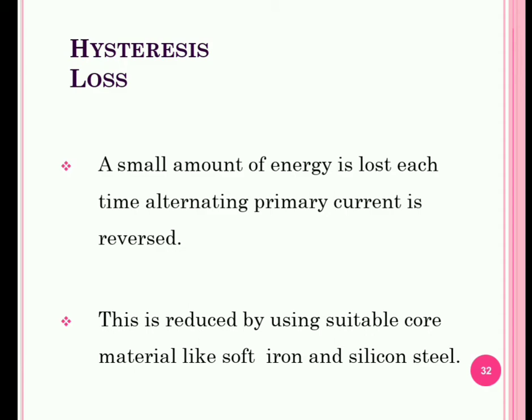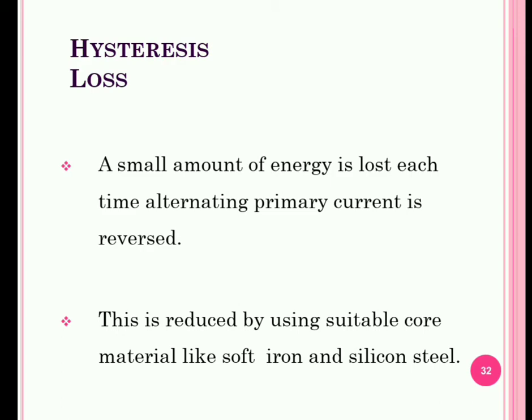The moment it crosses zero, it gets reversed. In this process, there will be some hysteresis loss because that results in some magnetism in the opposite direction.